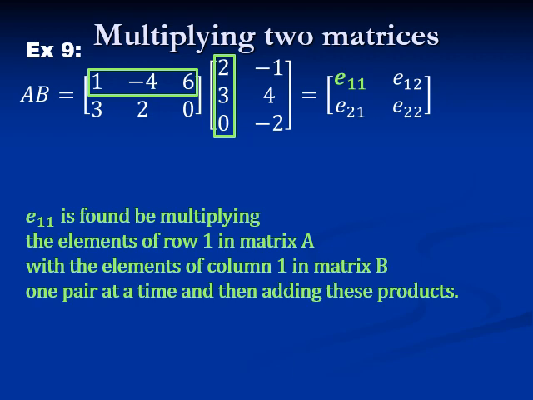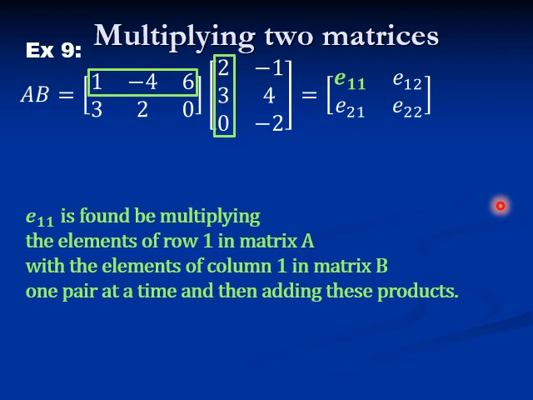In order to get this first element, let's call it E11, row 1, column 1, we take each element of the first row, one at a time, multiply it by each element of the first column, and we add them up. So we multiply 1 times 2 plus -4 times 3 plus 6 times 0.